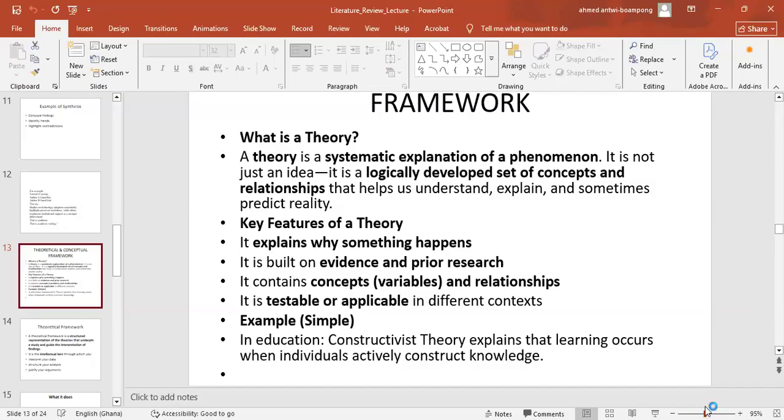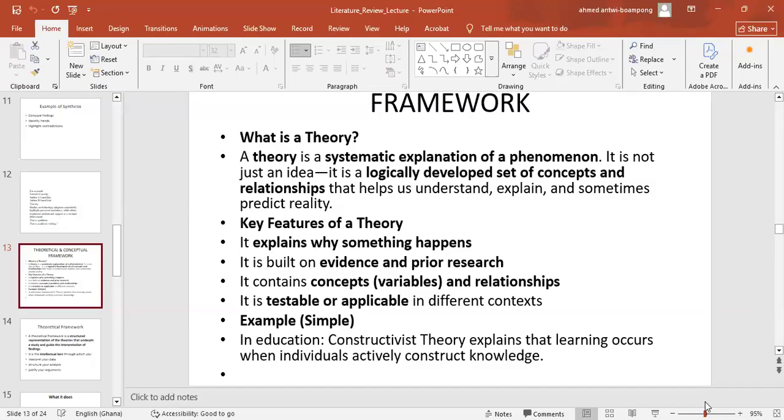It is not just an idea, but a logically developed set of concepts and relationships that help us understand, explain, and sometimes predict reality. There are several theories that abound: theories of relativity, socio-cognitive theory, technology adoption theory, frameworks, and so on.